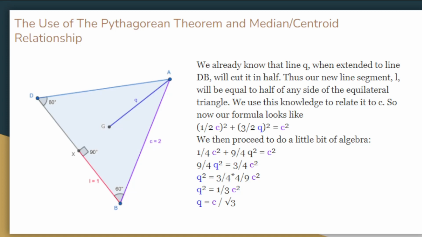Thus, our new line segment, L, will be equal to half of any equilateral side. We use this knowledge to relate to C, so our new formula looks like 1/2 of C quantity squared plus 3/2 times Q quantity squared equals C squared. And then we proceed to do a little algebra to end up with the fact that Q equals C over the square root of 3.